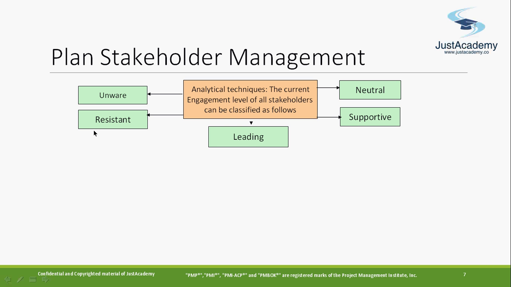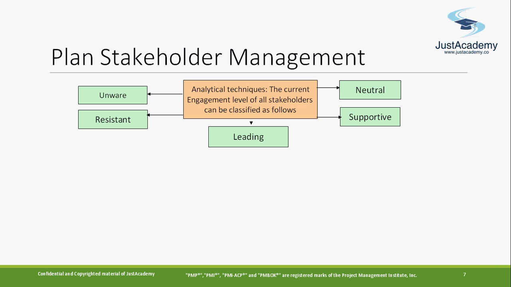Once you know that and put it down, it is easy for you to understand. For those stakeholders who are resistant, you can't ignore them. You have to convince them, or explain your plan, your decisions and your requirements clearly so that they can become at least neutral or supportive. You can't have a stakeholder who is resistant throughout the project.